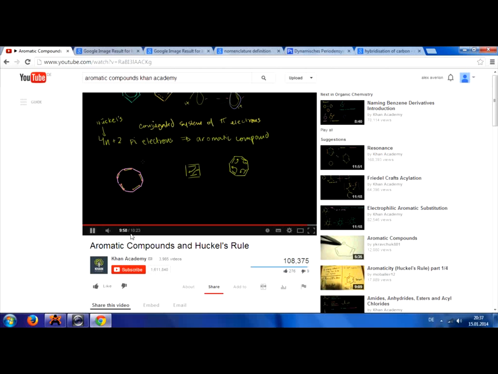The ones that don't follow them but are still cyclical and still have these alternating bonds are called anti-aromatic, and are actually very unstable. These are very, very unstable and are more likely to break into a non-cycle. Anyway, hopefully you found that vaguely useful.